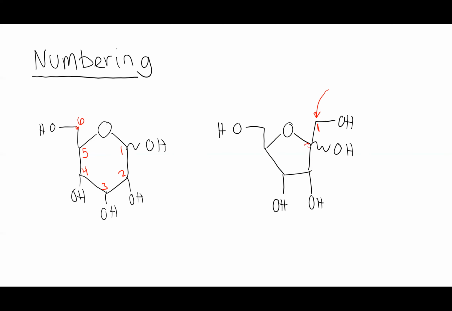So it'd be 1, 2, 3, 4, 5, 6. Notice something interesting here. Both of these have 6 carbons in them. So they are both hexoses in that, again, they just have 6 carbons. But one makes a 6-membered ring and one makes a 5-membered ring. And that's just because one is a ketone and one is an aldehyde.